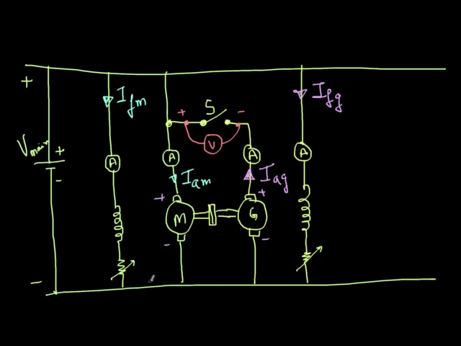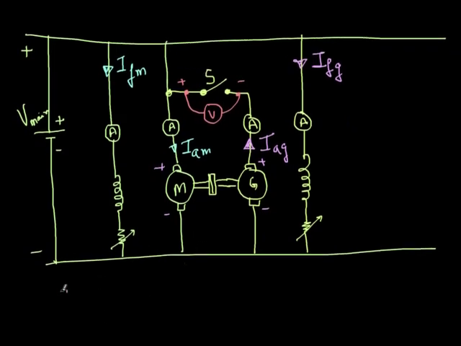So S is closed when the potential difference is 0.